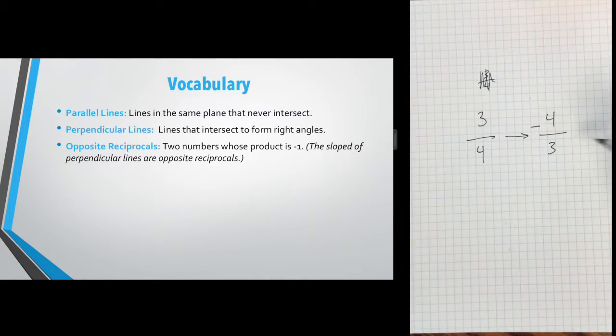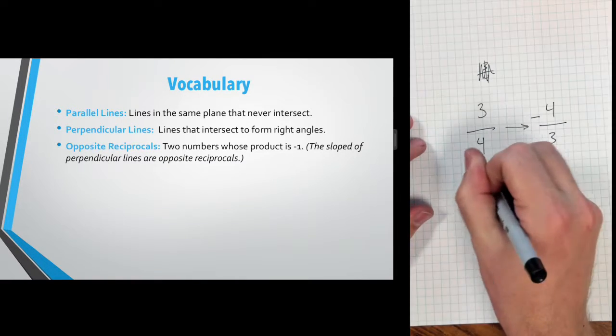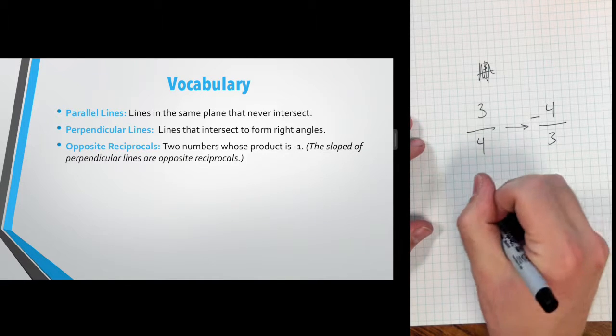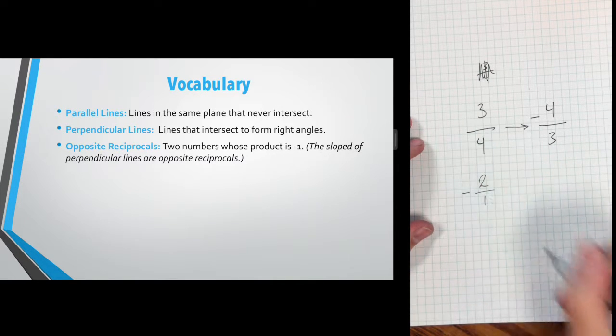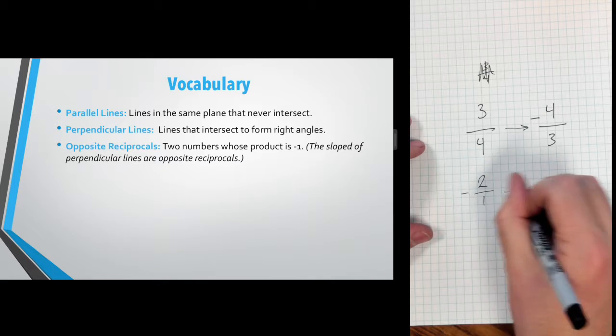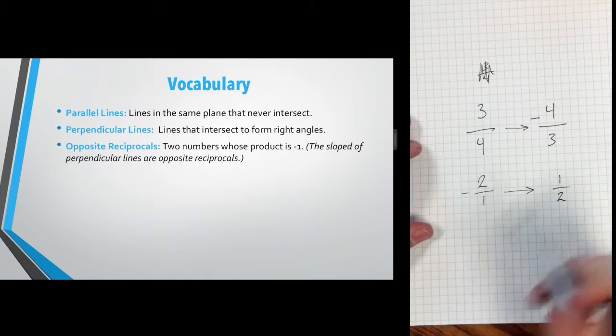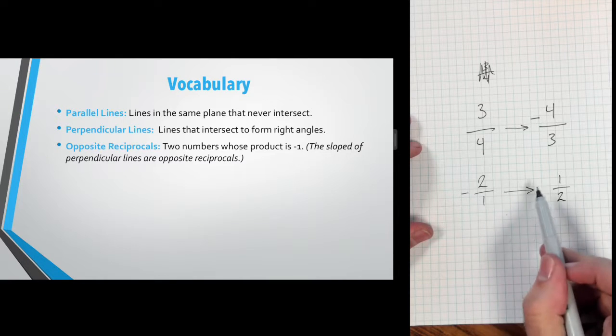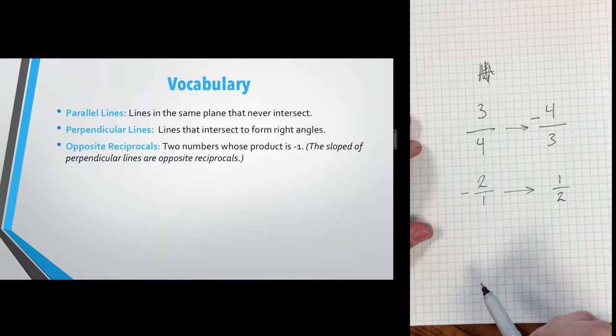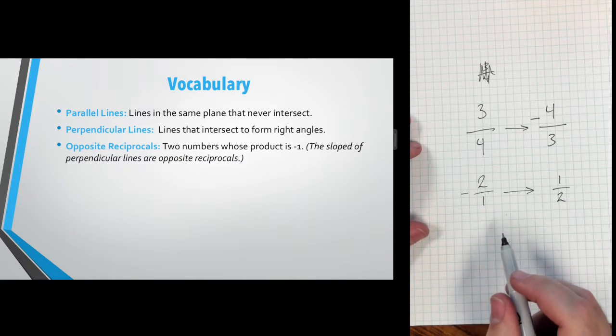So you flip it and the sign switches to the opposite sign. That's opposite reciprocals. So 3/4 becomes -4/3. The number 2, for instance, is 2/1. Let's say it's -2/1. The opposite reciprocal would be flip it to be 1/2, and then instead of -2/1, it would be positive 1/2.